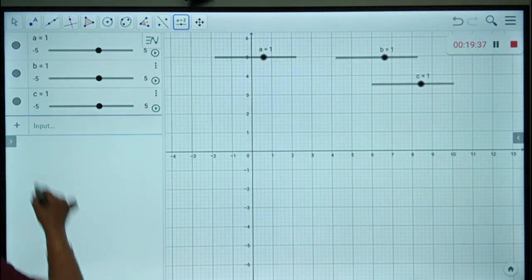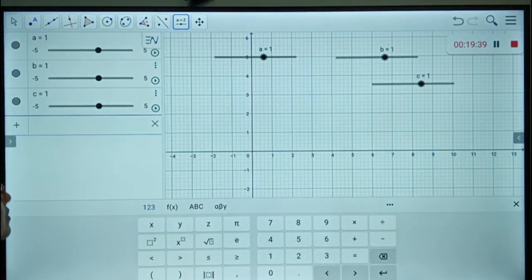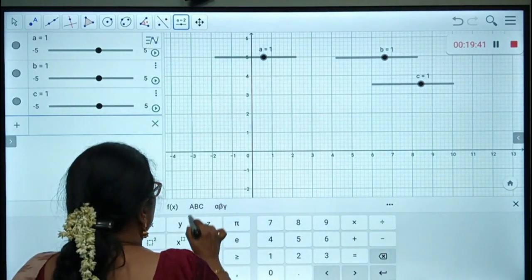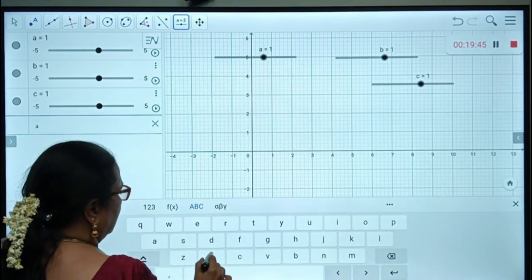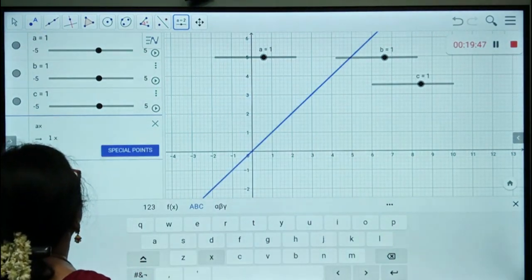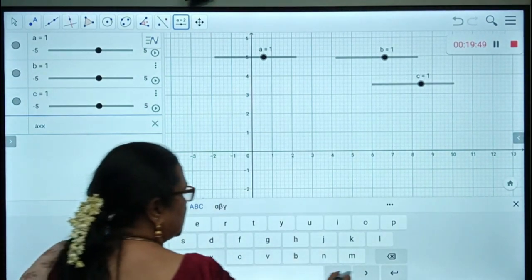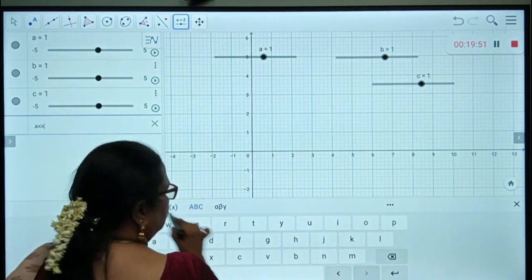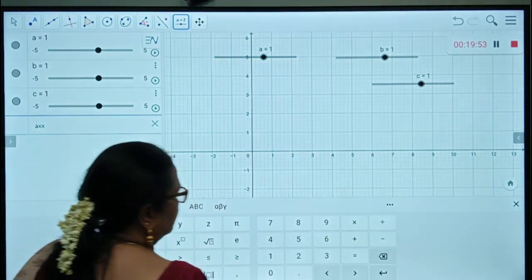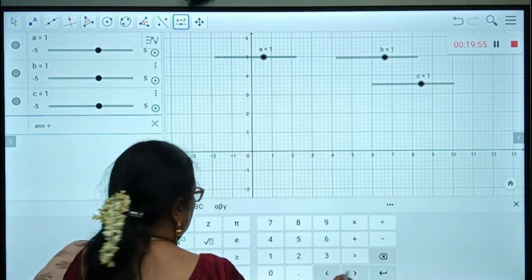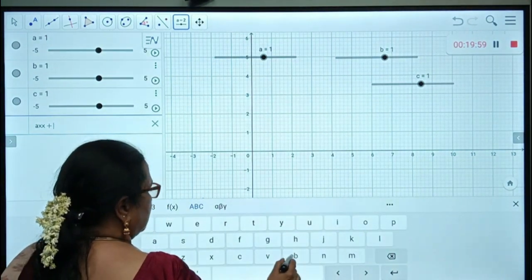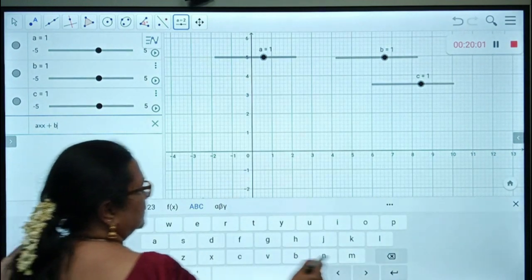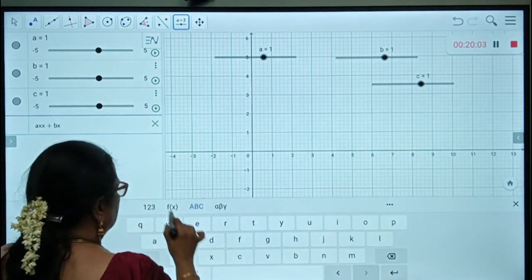I am going to write in the input box A x square plus bx.